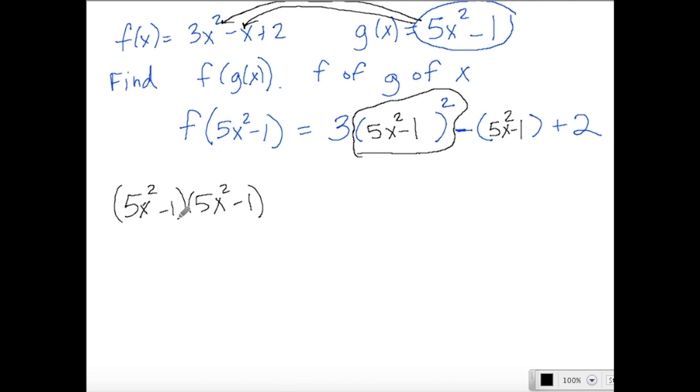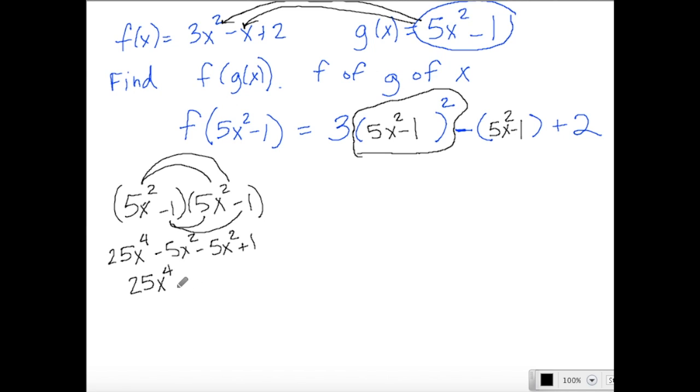Some people will use a box in this situation. Some people just like to FOIL it. But if you FOIL, this is going to be 25x to the 4th power. The outer is minus 5x squared. The inner is minus 5x squared. And the two last terms, negative 1 times negative 1, is positive 1. Now I'm going to clean that up a little bit before I put it back into my composed function.